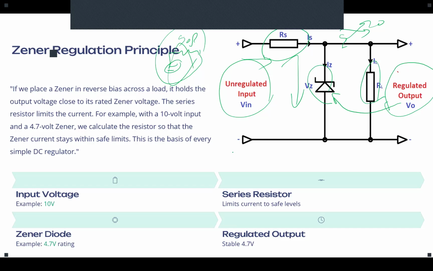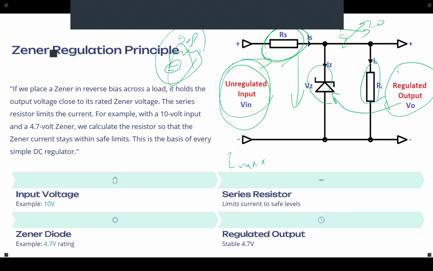Now, we said we want to have a maximum current. It means, worst case scenario, we should have a resistance here that limits the current to that maximum current.